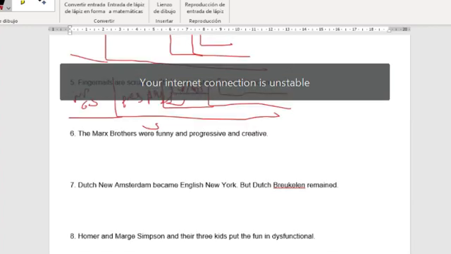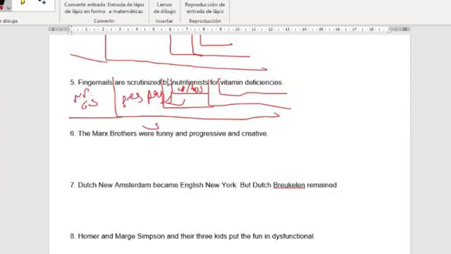And then by. Whenever I read by nutritionists, you say this is passive. The problem is that this can be eliminated. And I can say, fingernails are scrutinized for vitamin deficiencies. I can say that. We never had this combination before.